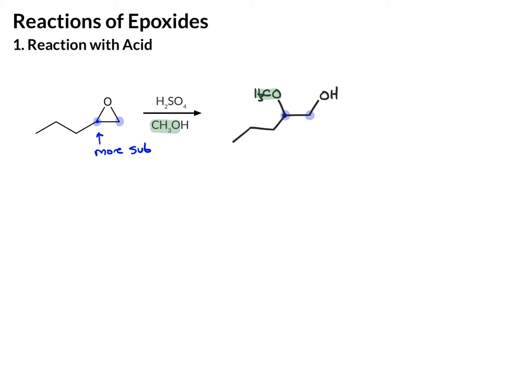All right, let's take a look at how this happens mechanistically. The first thing that happens is the epoxide reacts with H+ from the sulfuric acid. So I'll draw in those lone pairs and protonate the epoxide.